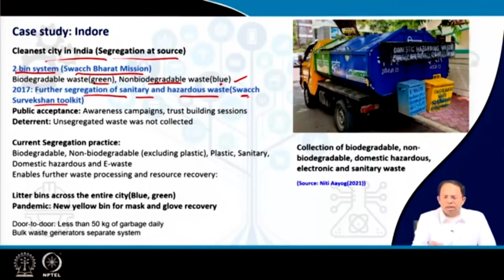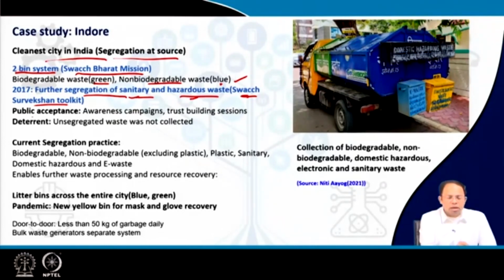This was a policy document which suggested that for getting some points for this kind of system, you need to even segregate sanitary waste and hazardous waste. So that's why the ULB also introduced this kind of a system.